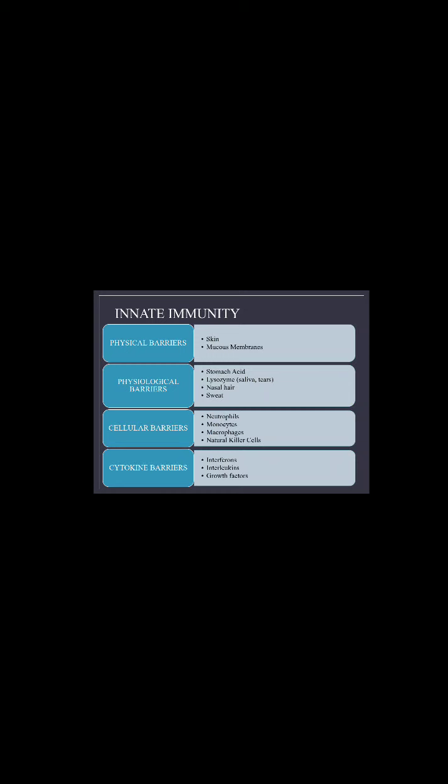Physical barriers means the barriers which will not let the pathogens enter our body physically. Main thing is your skin. The skin is the largest organ of our body, and it does not allow any pathogen to enter our body. They can only enter when there is any cut or wound.